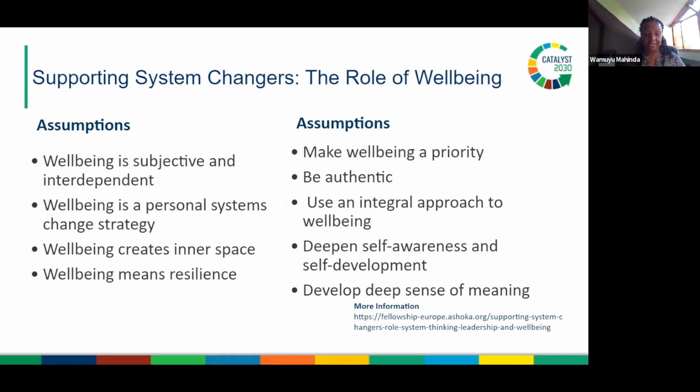At Ashoka, we have realized that it's very important to understand the well-being of the leaders. Systems are embedded in systems and are interconnected. So we're talking about the person, the team, the organization, the sector, the economy, the environment, and so on.